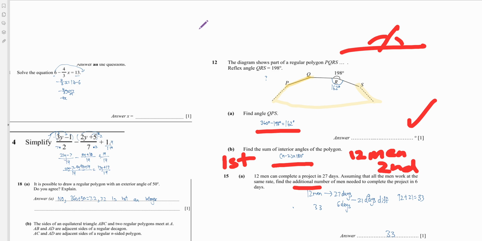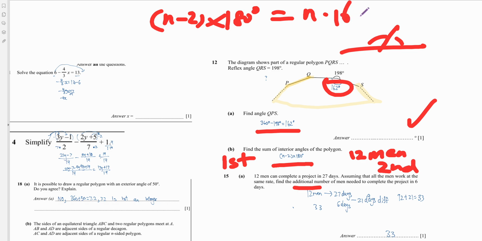Okay. First, this is one of them. Equate it to n times the 162. So there are two formulas to find the sum of interior angles. This is the first.